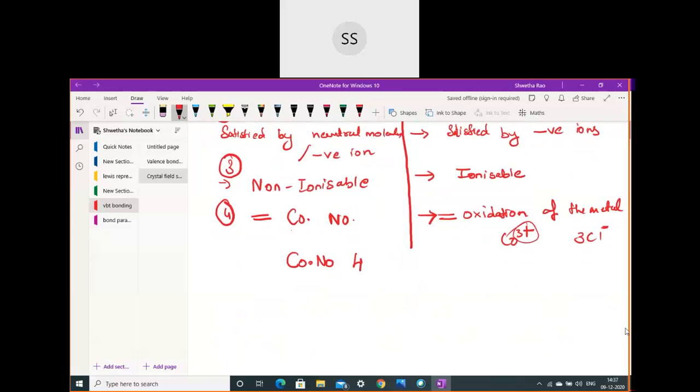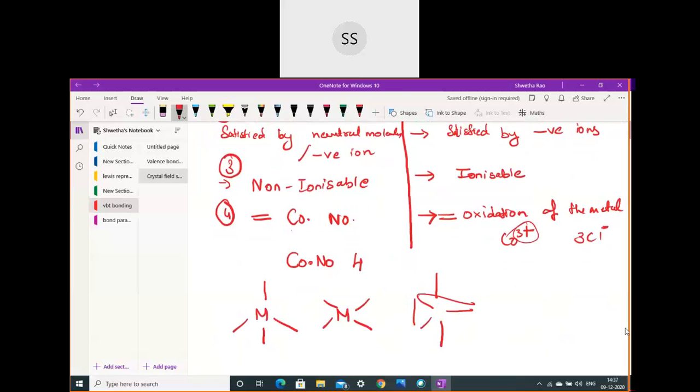But the secondary valences are directional in nature, and they determine the spatial arrangement of the coordination compound.